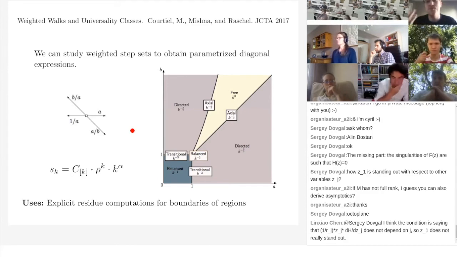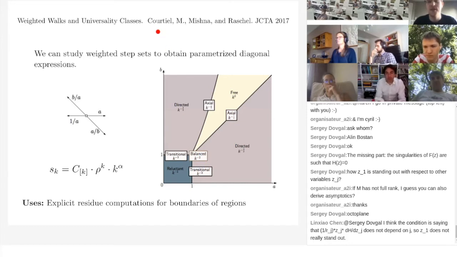What happens if you have parameters in your rational function? You can, and as you vary your parameters, the geometry of the singularities that determine the asymptotics will change, and this will give you these sharp transitions in asymptotic behavior. Your exponential growth will always vary smoothly with your weights, but for the sub-exponential, polynomial part, you get this exponent, and it will transition between some finite set of values as you go over these different directions.